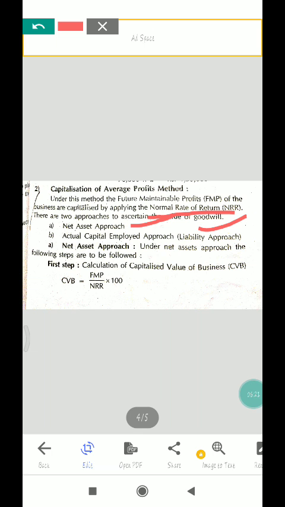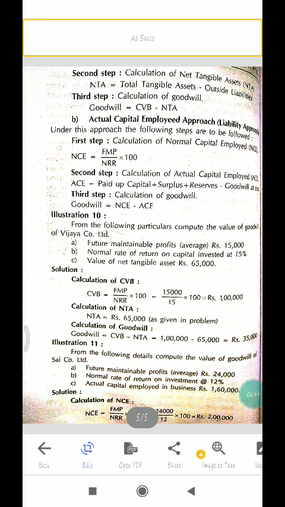In the first approach, that is the net asset approach, what are the steps to calculate the value of goodwill? The first step is calculation of the capitalized value of business, CVB. CVB is equal to future maintainable profit divided by NRR into 100. After calculation of CVB, the second step is calculation of net tangible assets.